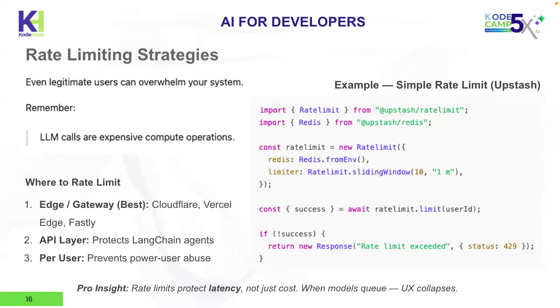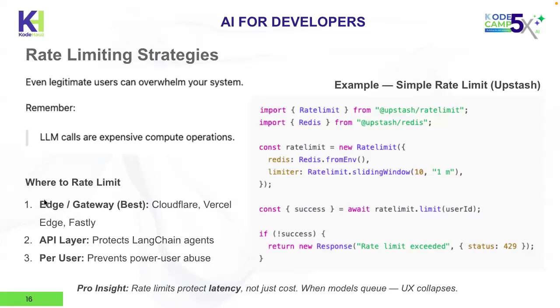So if the content is similar to what has been there before, they don't need to call your API backend directly. They just send the cached content. That way it takes a lot of load away from your API backend, because your backend will only be hit if there is a new request or new content that needs to be generated. So this is one place that you can do rate limiting.